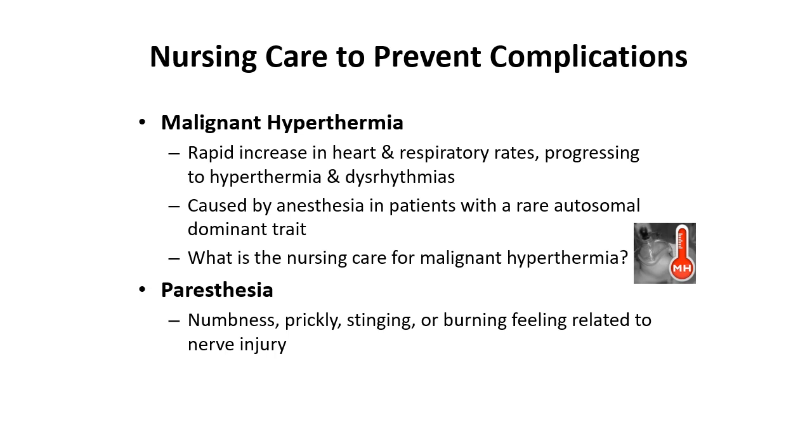Also, paresthesias. Remember we talked about positioning patients to keep them off those nerves. So patients can have numbness, prickling, stinging, or burning because of those nerve injuries. To prevent that, we want to try to keep them off of those areas where we can get those nerve injuries.